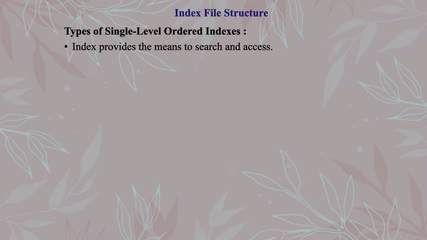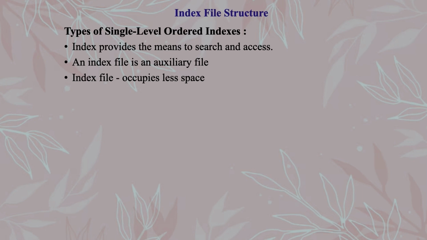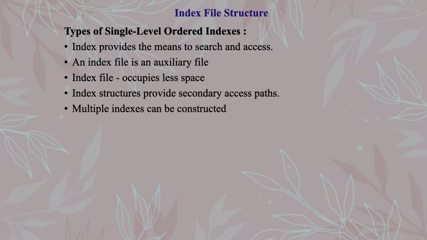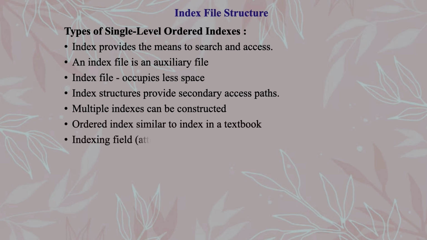Now we come to index file organization. An index provides access to records. Index file is stored and structured. The types are single-level ordered indexes. A primary index is specified on the ordering key field of an ordered file of records. A clustering index uses a numbering system.